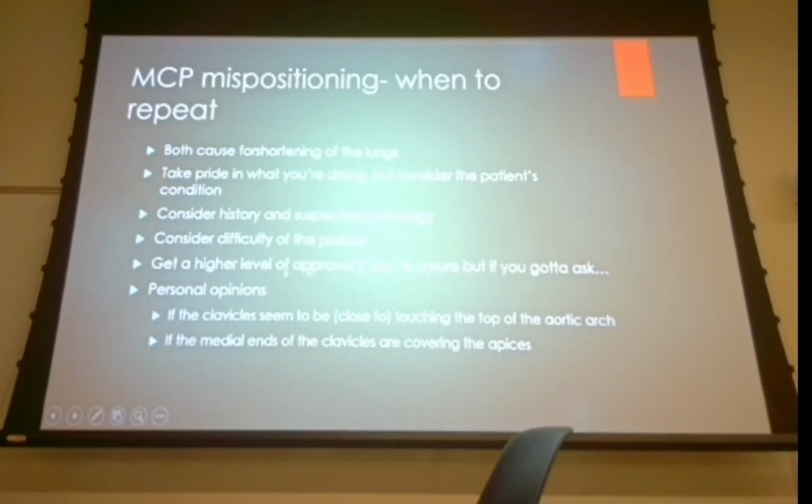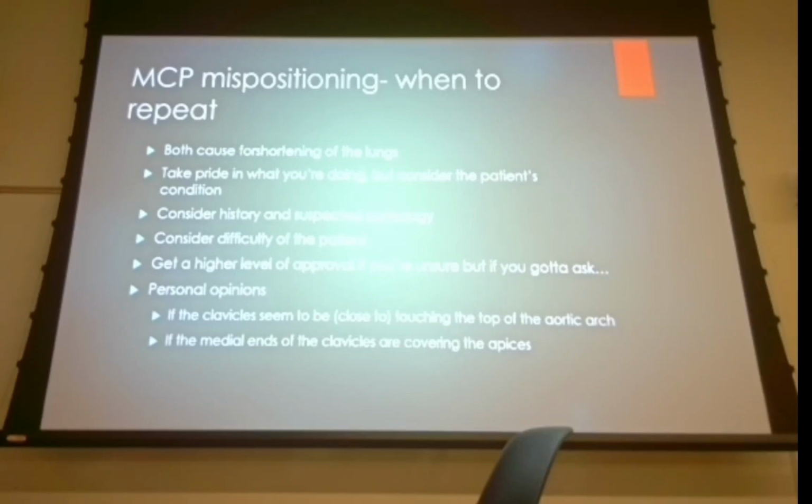Okay? Anytime that you're going to have patients once in a while that are very difficult to image, if you ever have a question, just go to a higher authority. Explain the situation to the patient, to the doctor, or super user, the tech in charge, or whatever.